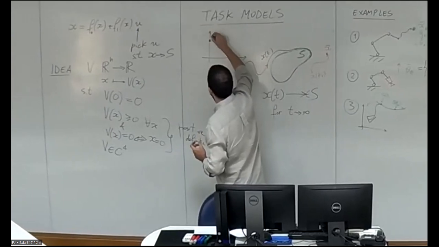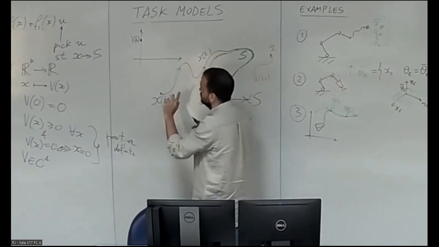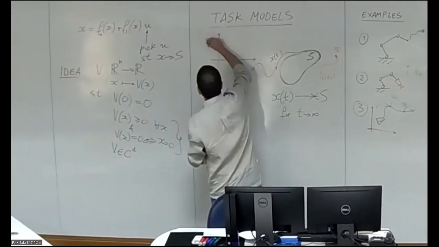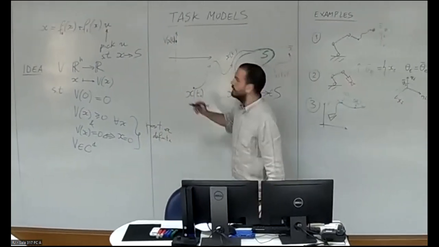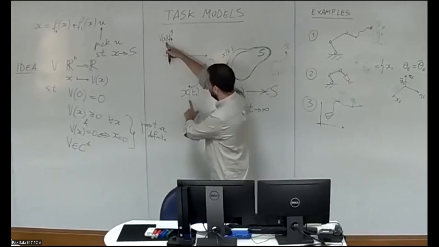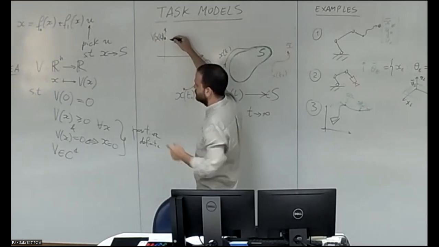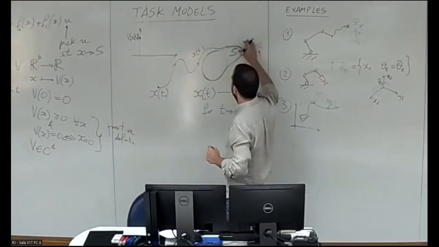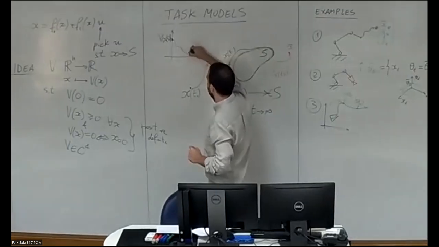So V starts at V of x of t0, to be precise. We plug in this vector x of t0, we get a value of V. And as x of t moves and gets close to the target, V gets closer to 0.